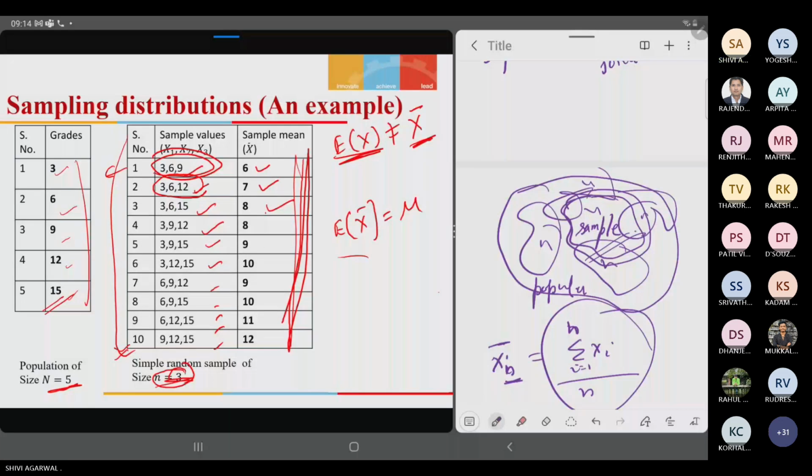Are you getting my point here? We take a very small population and then take its samples. Different samples come, and we can find their x bar, and x bar becomes a random variable because the sample we collect is random. So we can calculate the mean of this x bar also, and it is the same.